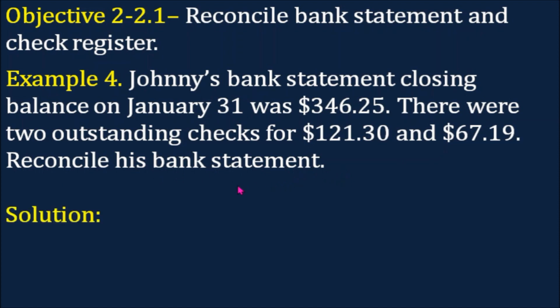So we are going to start with the balance. That's $346.25. Then 2 outstanding checks, meaning to say we are going to subtract. So that's minus $121.30. And then we have another outstanding check amounting to $67.19.